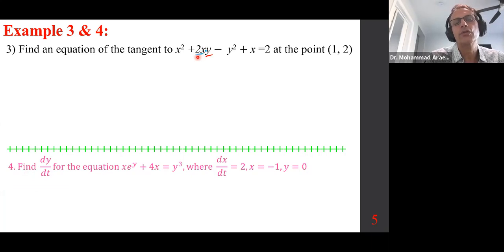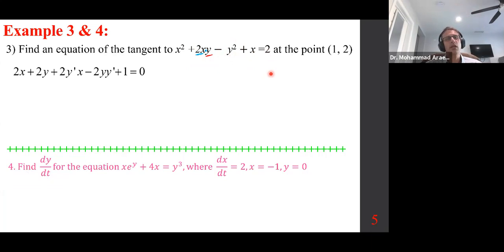So 2x gives us 2 times y, plus y gives us y prime or dy/dx times 2x, minus y squared gives us 2y y prime, x gives us 1, any number gives us 0. A quick recap, x squared gives us 2x, 2x times y gives us 2y plus y prime times 2x, minus 2y y prime, plus x gives us plus 1, and the right side is a number resulting in 0.